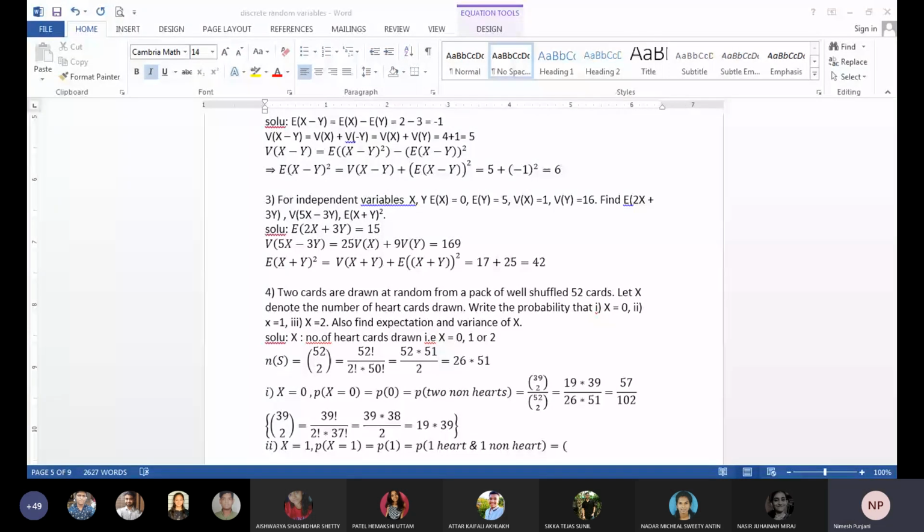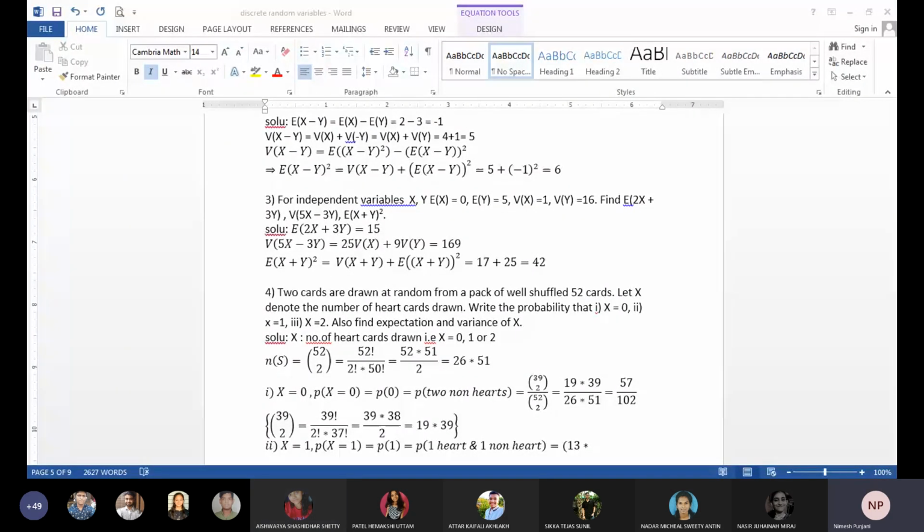Okay, so I get 13. And one non-heart. How many non-hearts are there? 39. तो उसमें से एक सिलेक्ट करना है. So how much you will get? 39C1. What is 39C1?